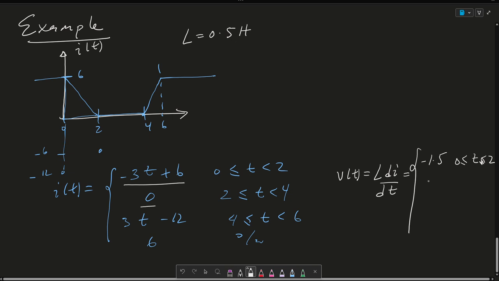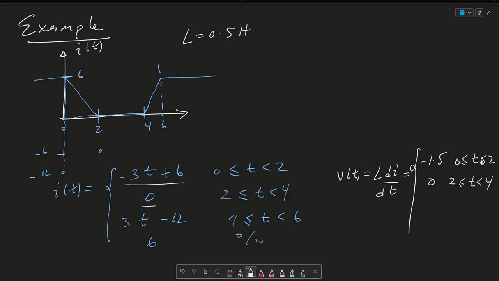The derivative of 0 is just 0 from 2 to 4. And the derivative of this, times 0.5, is 1.5 from 4 to 6. And then obviously the derivative of 6 is just 0 otherwise.